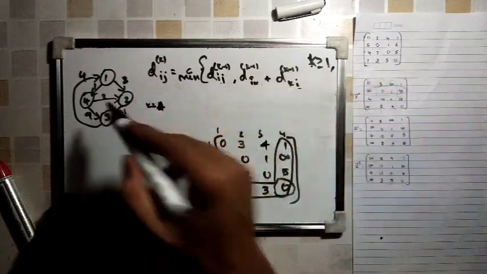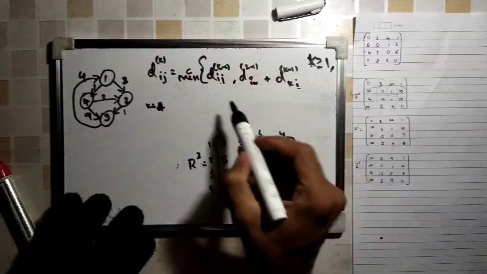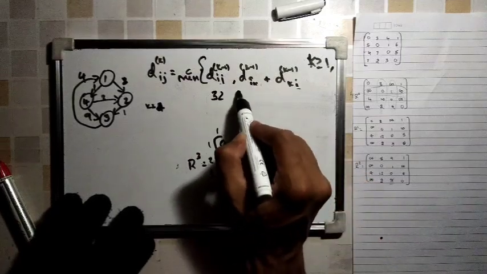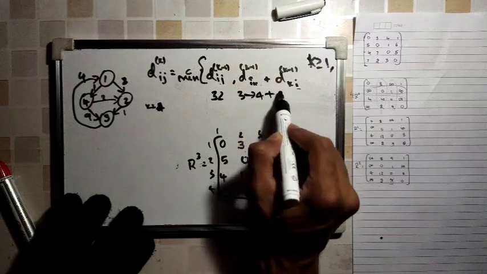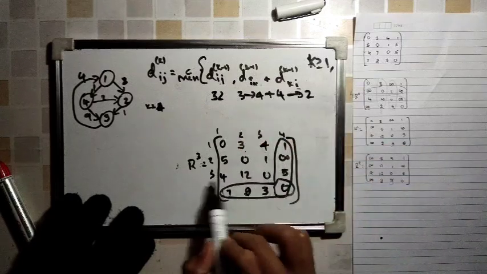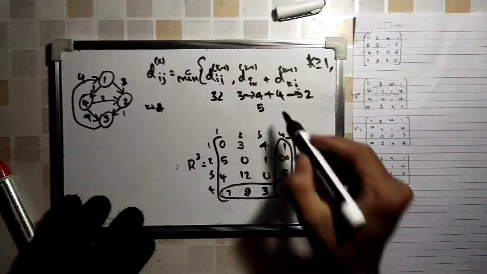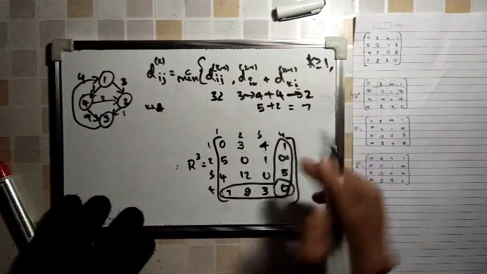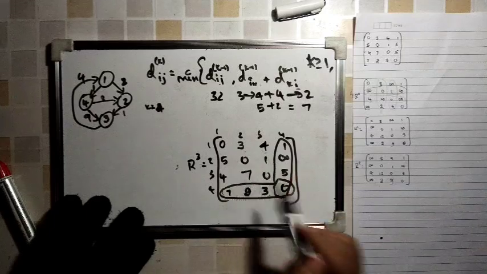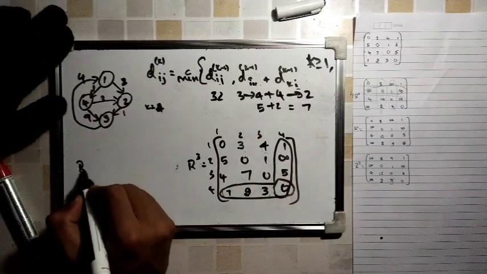Because from the diagram itself we know which will be the shortest path for 3 to 2. So this is 3 2. So it will be 3 to 4 plus 4 to 2. 3 to 4 is 5 plus 4 to 2 is 2, which gives me 7. So this will also become 7 now. Okay. So now I got my R4 matrix.